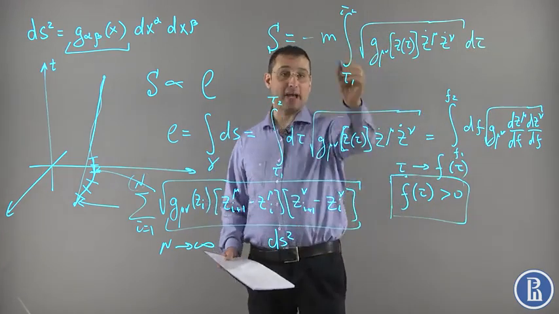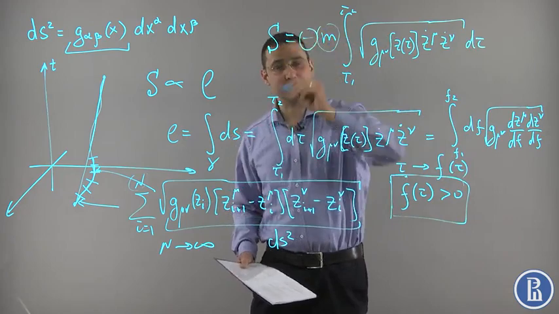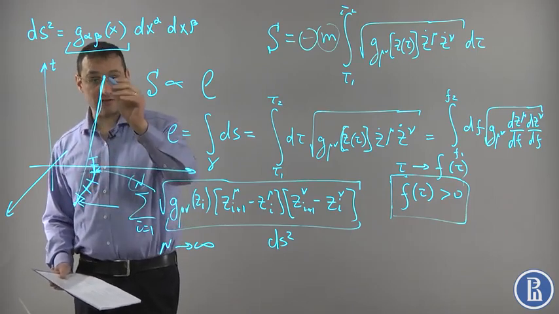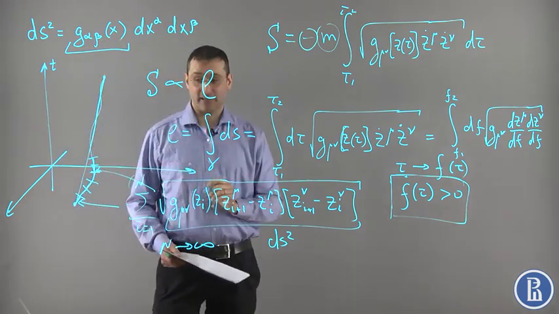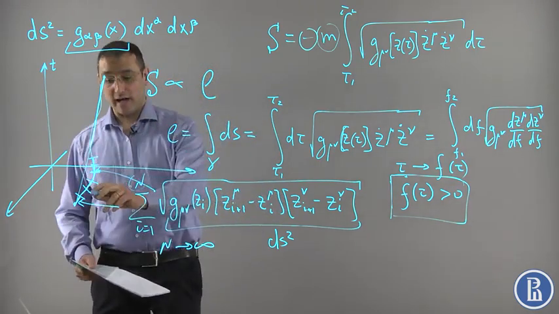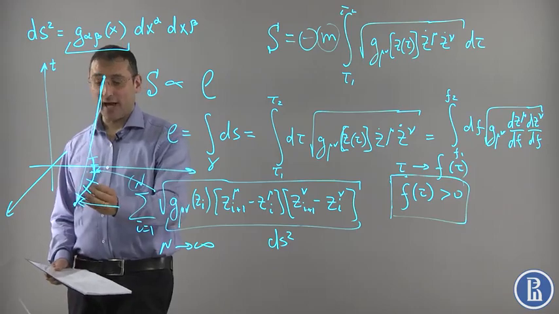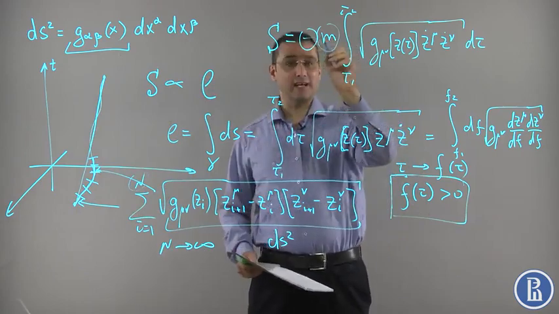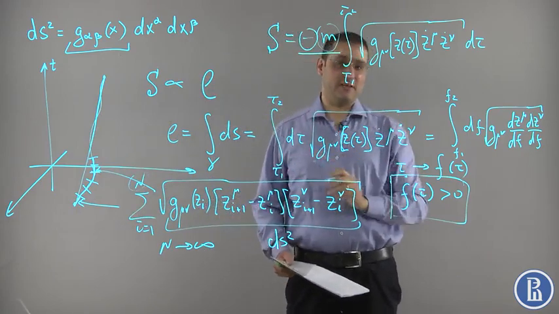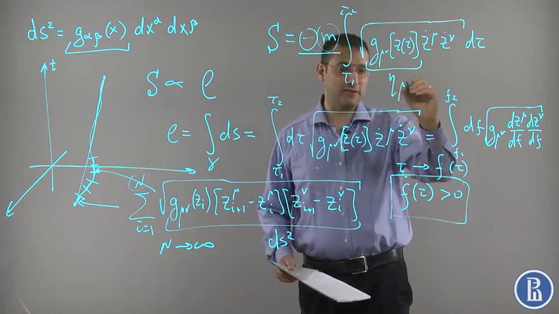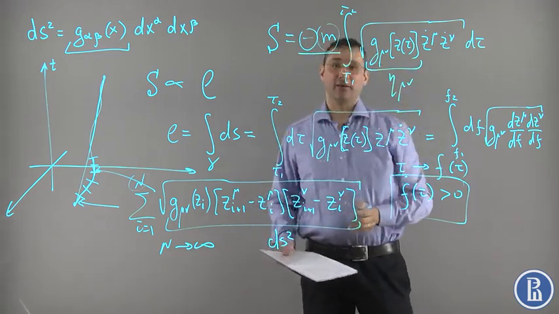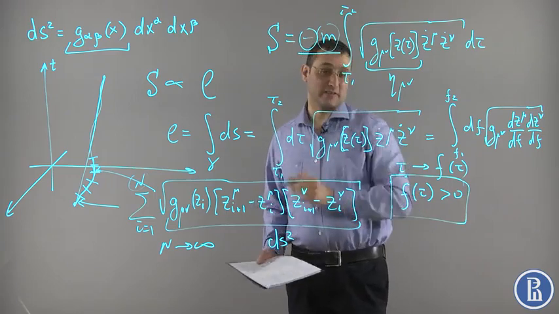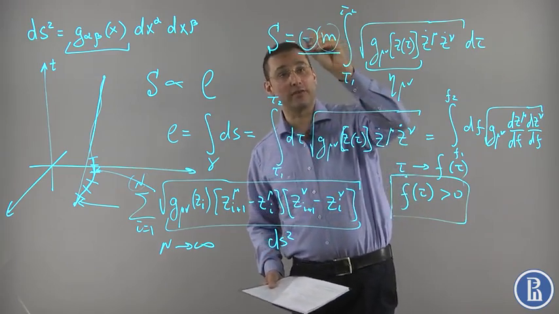The reason why we have m here, and the reason why we have a minus sign here, is very simple: in Minkowskian signature, the straight line is actually the longest one. Minus m here is just due to dimensional considerations. If, for example, this metric is just the flat Minkowskian metric, we obtain just the standard action for the relativistic particle in Minkowski spacetime. I just remind you why there is a minus sign here.